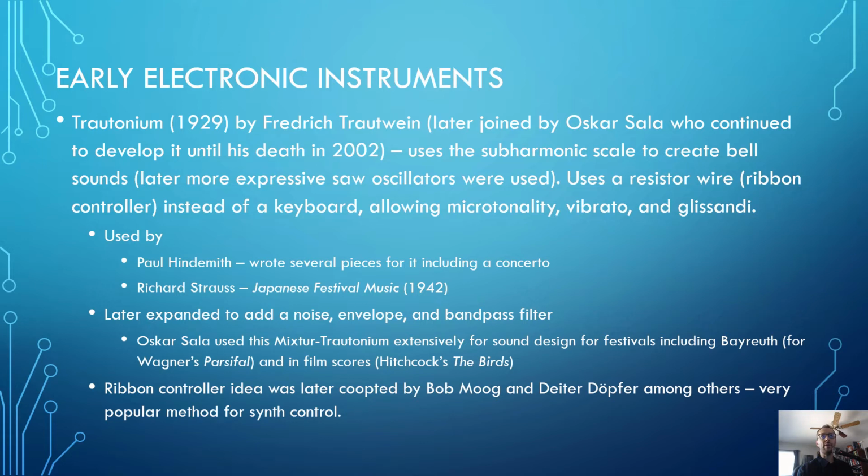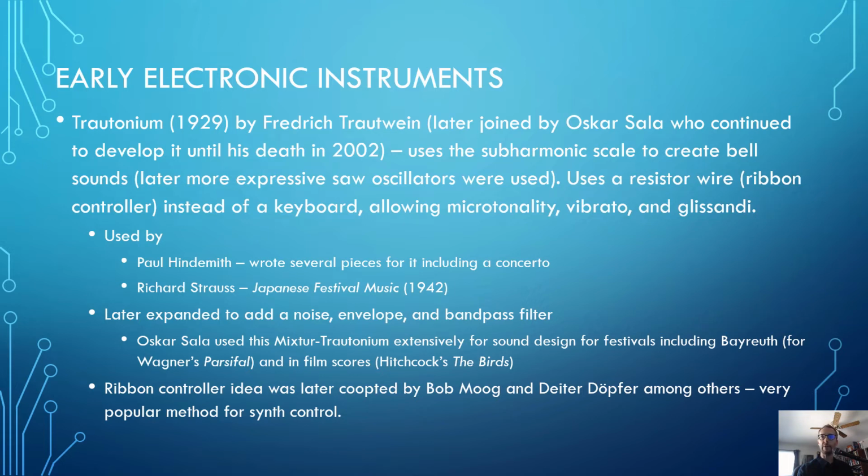Another interesting development was the Trautonium, which was created in 1929 by Friedrich Trautwein, and later joined by Oskar Sala, who continued to develop the instrument until his death in 2002. This uses the subharmonic scale to create bell-like sounds, and later used sawtooth oscillators to create even more expressive timbres.